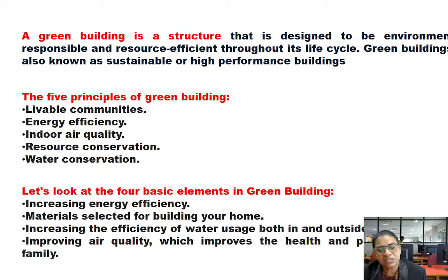Materials selected for building our home should meet the aim of sustainable construction. Increasing the efficiency of water usage, both in and outside our home, is another basic element. And improving air quality, which improves the health and productivity of our family, is the last basic element of green buildings.